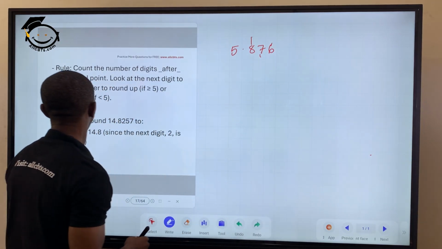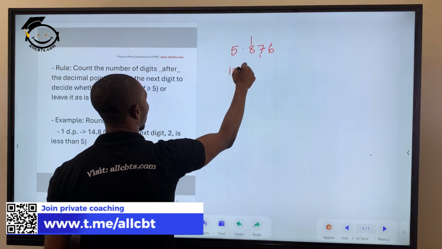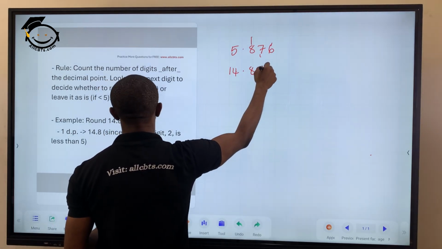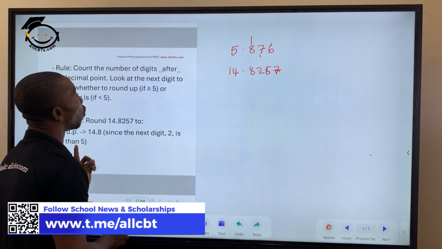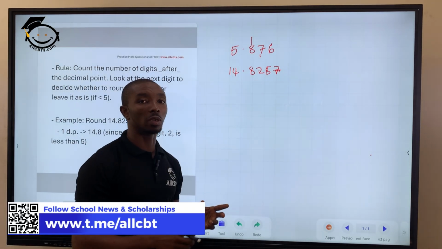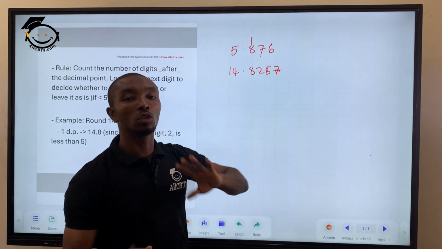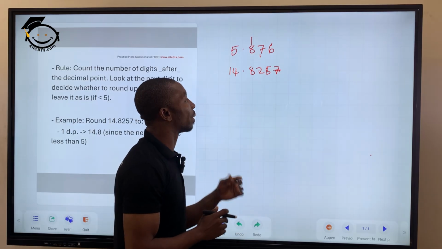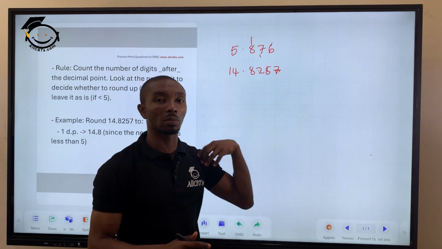Now we have to round off 114.8257, and we are to round up to one decimal place. That means there should just be one decimal number after your decimal point. If we talk about two decimal places, two decimal numbers after your decimal point.